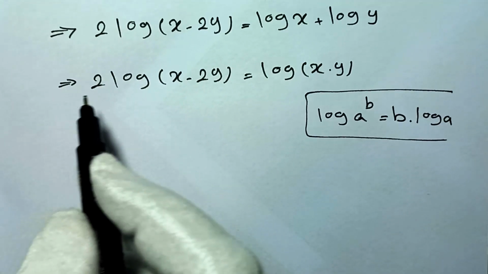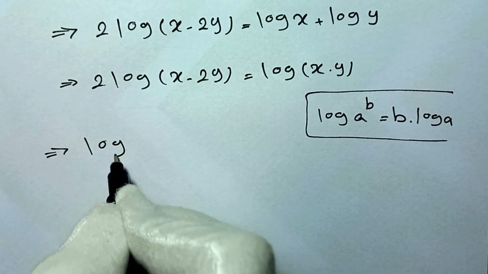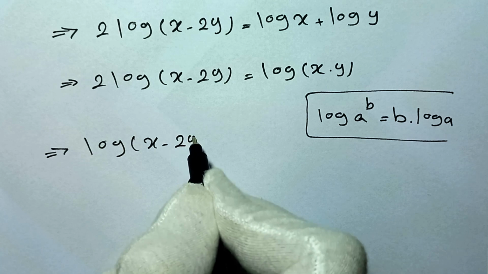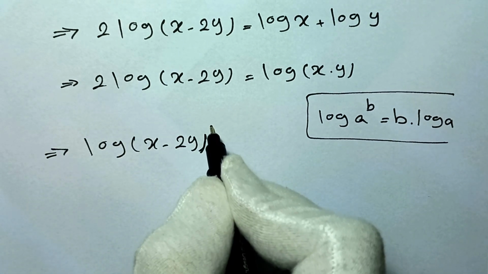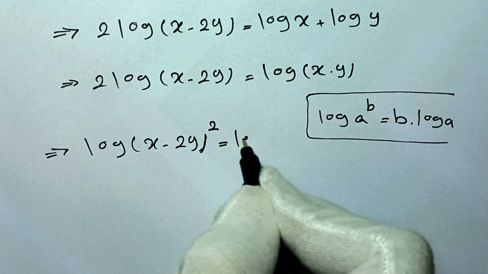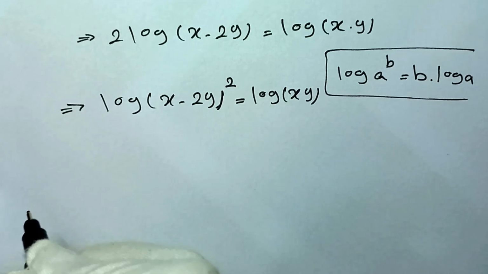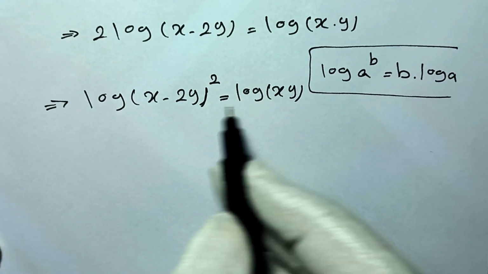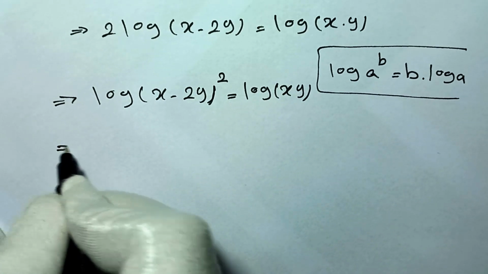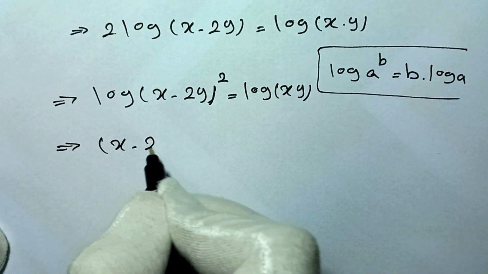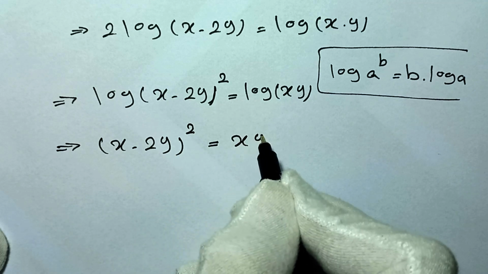So here we have 2 times log of this, so we can write log of (x minus 2y) to the power of 2 is equal to log of xy, right? By comparing both sides, log of this is equal to log of this, so this is equal to this. So we write (x minus 2y) to the power of 2 is equal to x times y.